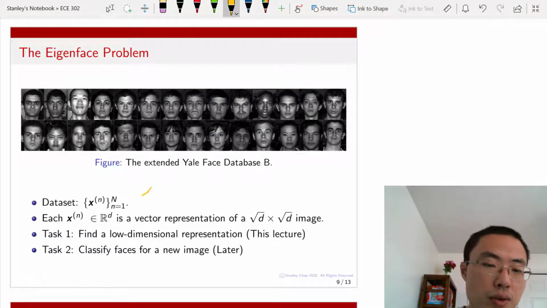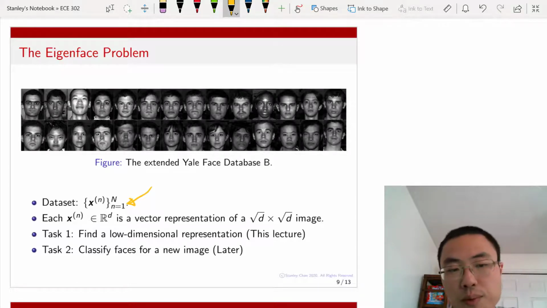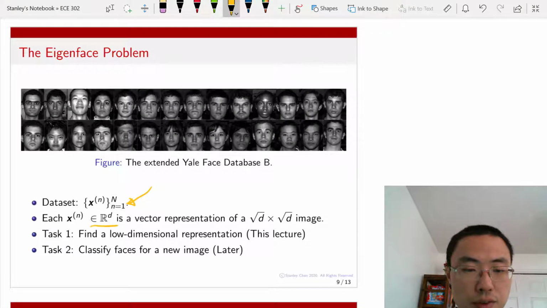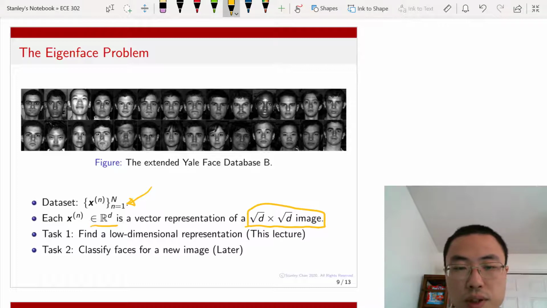Imagine that you have a data set that contains n data points. Each data point is an image, and you can store them as vectors. So it is a d-dimensional vector, and each of them is a root d by root d image.